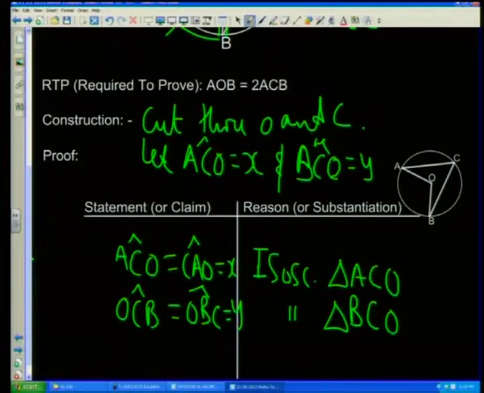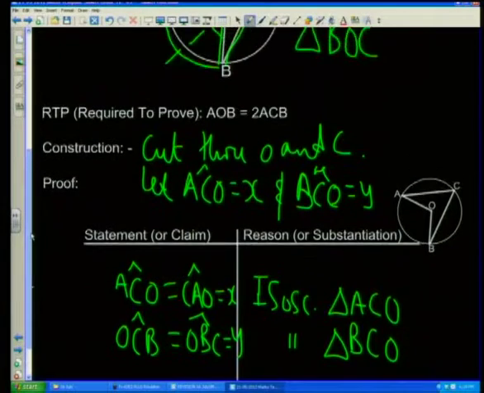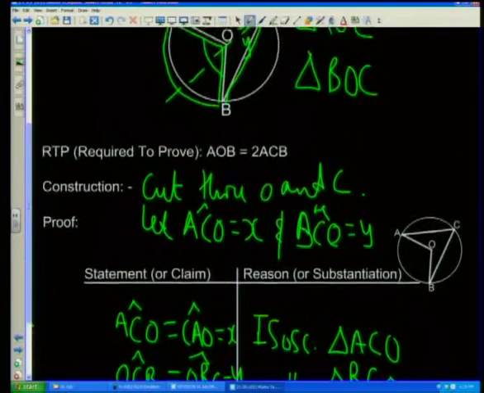Okay, so we know that for an isosceles triangle, the base angles have to be equal. So where am I getting with this?